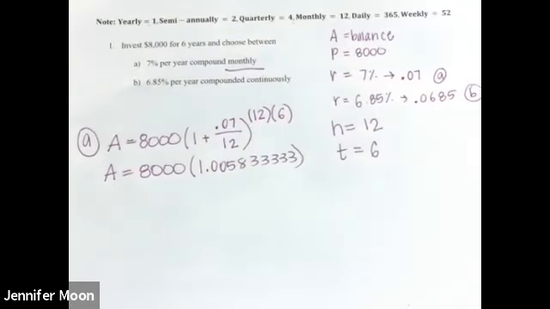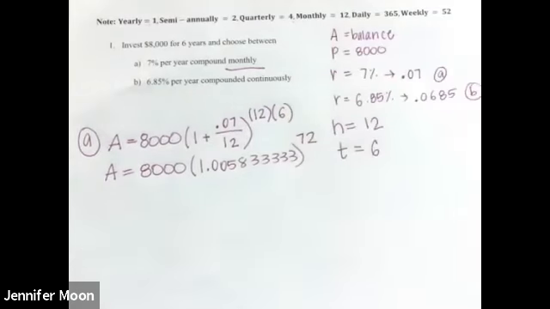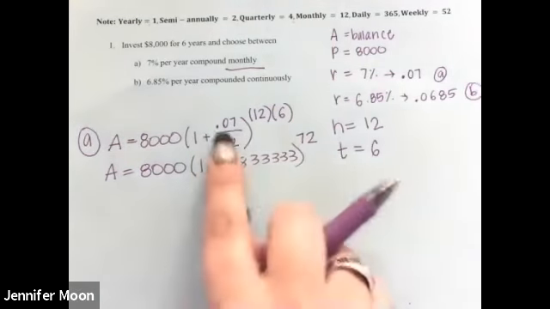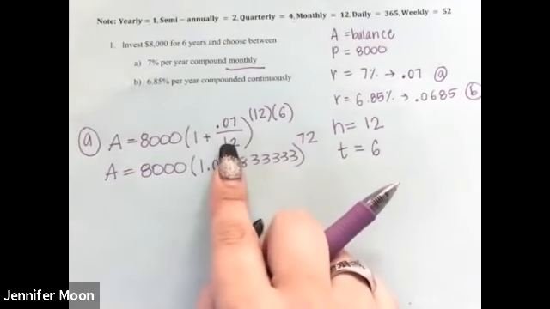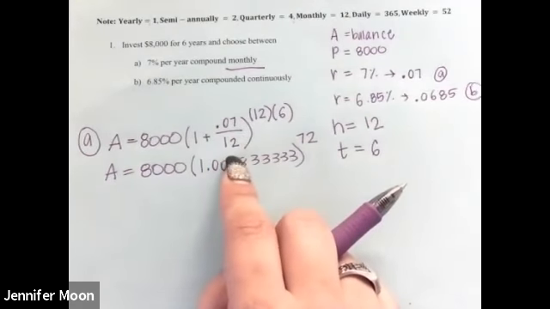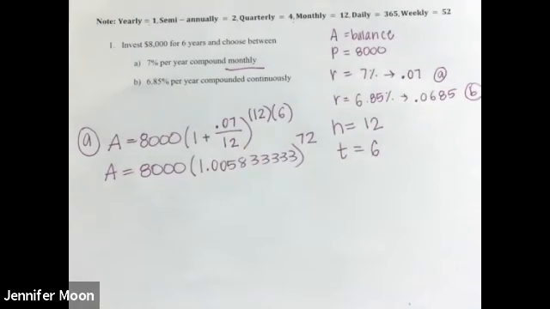I get that it's ugly, but your answer is more correct and more accurate when you don't round until the very end, okay? And then right here, exponent, 12 times 6, that's 72. So I kind of looked inside first, right? But I didn't enter this into my calculator. It's very, very easy to miss a parenthesis, and then it messes up your whole order of operations, right? And then from that point on, your whole problem's wrong.